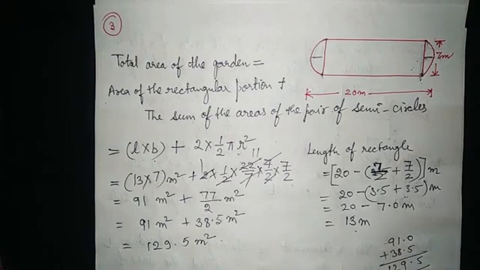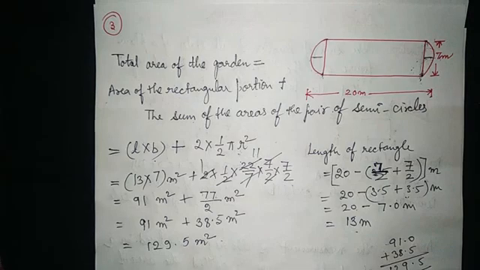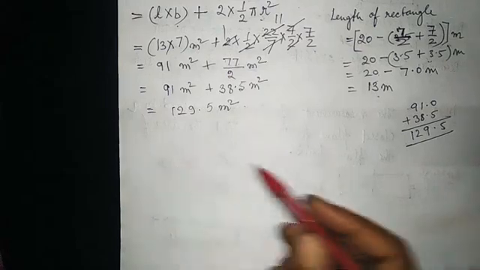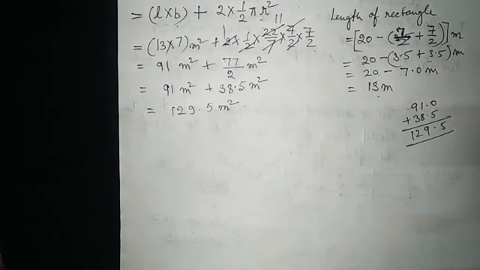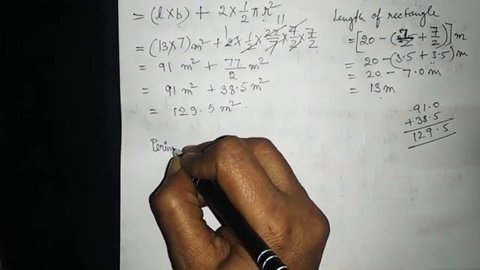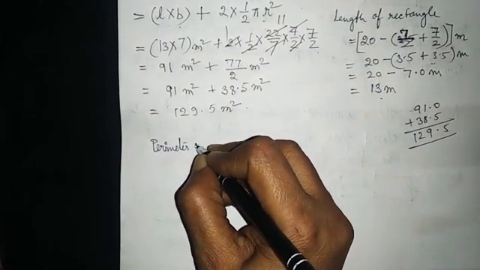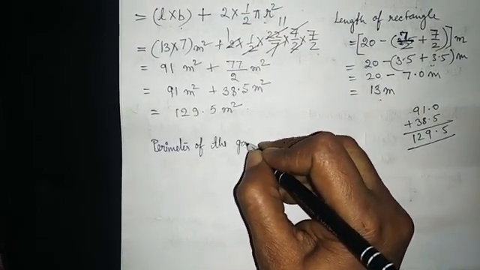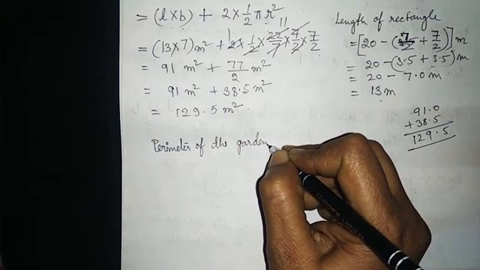Now we have to calculate the perimeter of the garden. So for the perimeter of the garden, what will we write?